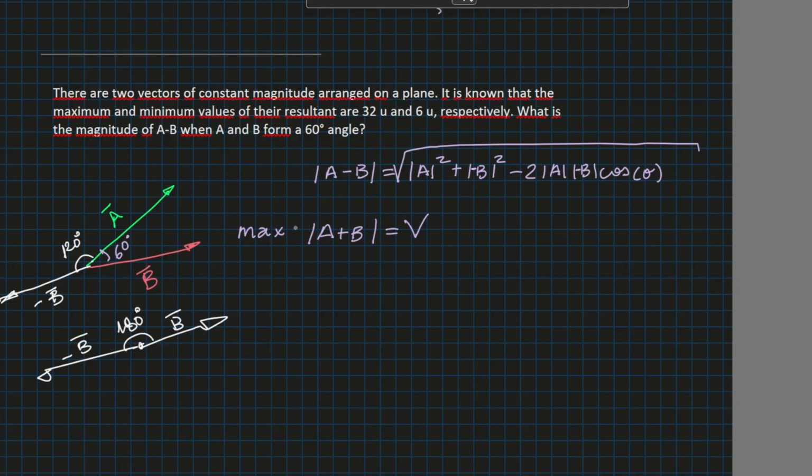Sorry, this is in Spanish. Maximum. Okay, so A squared plus B squared minus 2 A B times cosine of an angle, any angle that we can think.